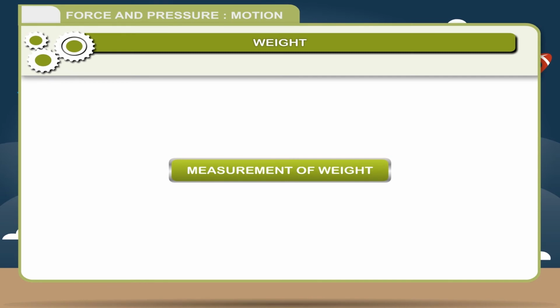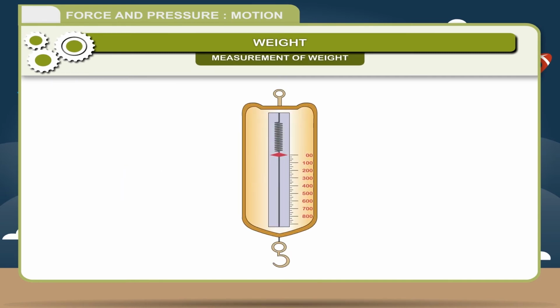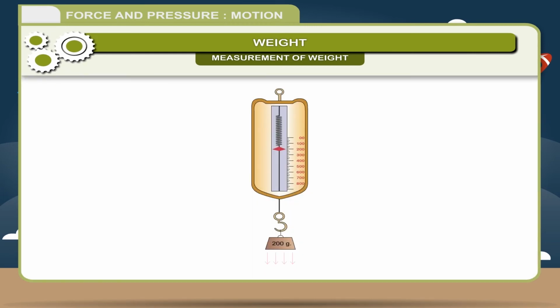Measurement of weight: weight can be measured by using a device called a spring balance, because the extension in the spring depends on the force with which it is pulled downward by the earth. Thus, it is the gravitational force acting on the object which operates the spring balance and not its mass. Let us discuss it in detail.